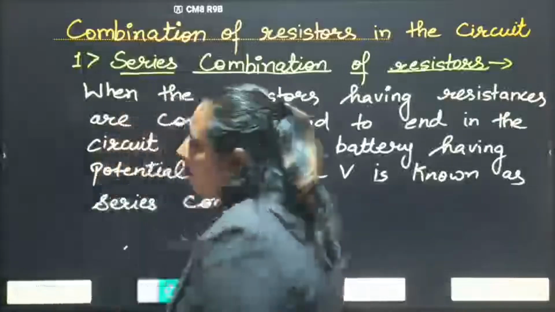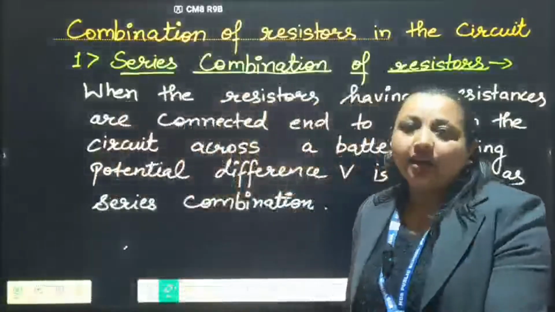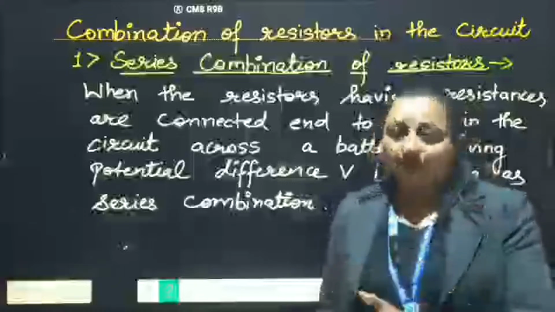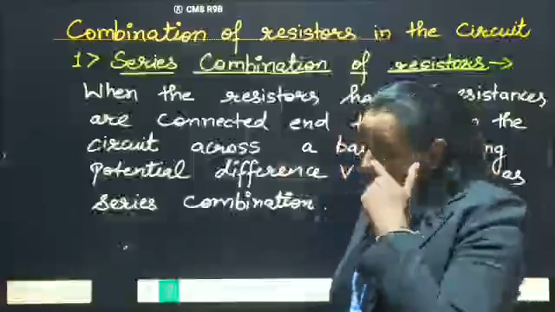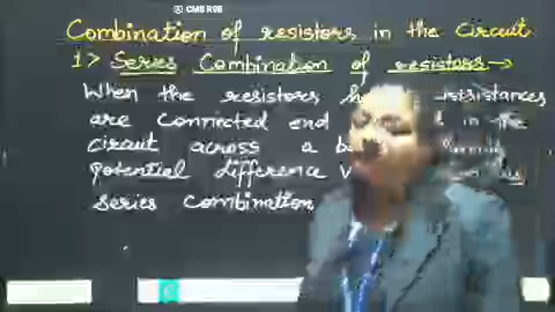Okay, end to end, when resistors having n number of resistances are connected across a battery or potential difference, then this combination is known as the series combination.